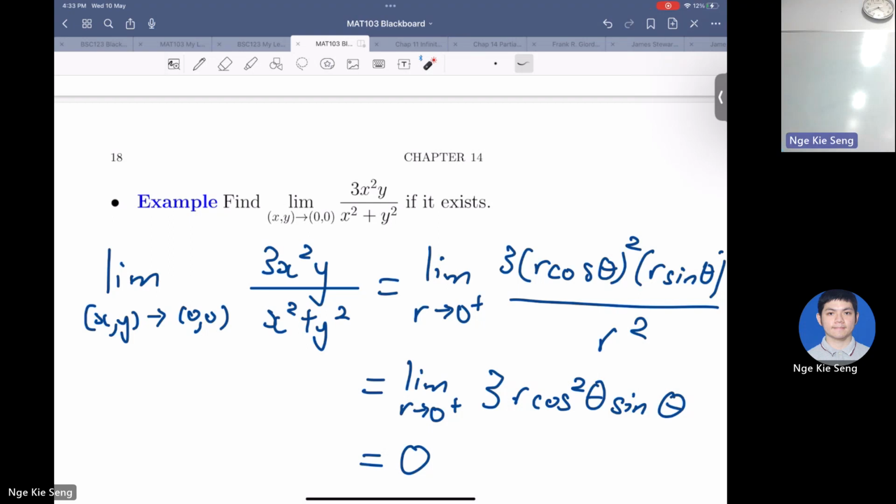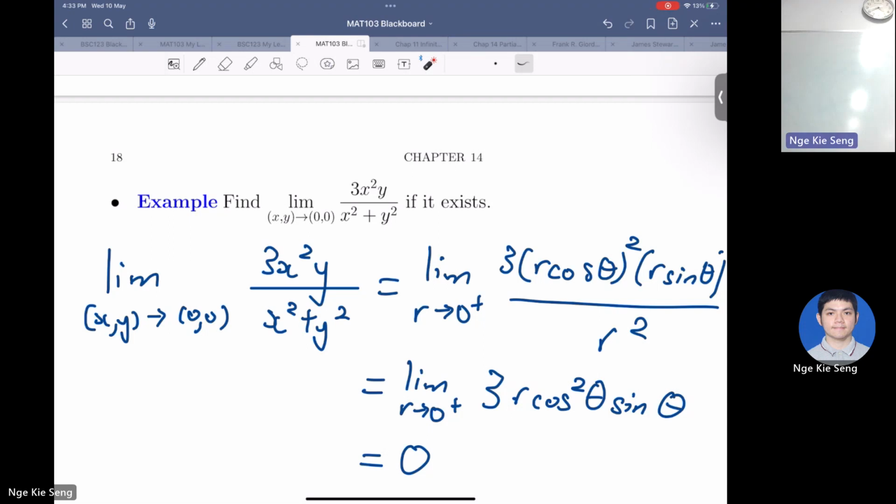You are away from the origin, so you have a positive distance. If you want to come close to the origin, you just reduce your radius. But if you really want to talk about 0 minus, you can, because in polar coordinates, a negative radius, (-r, theta), equals (r, theta plus pi). So you can just turn it to a positive radius and look from there. It's really the same.